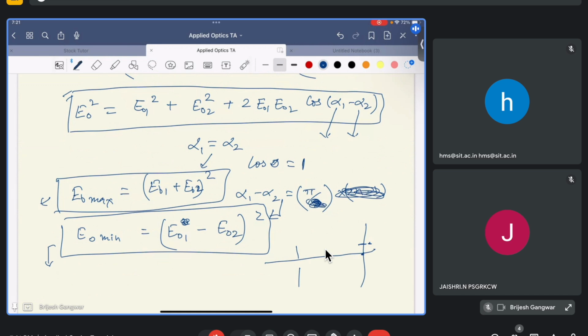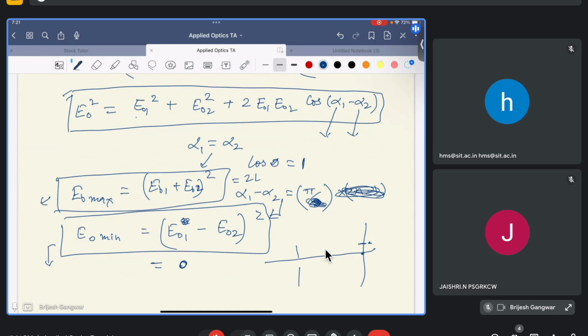If the intensity and the amplitude are the same for the two separate waves, then this will be completely zero, and this will be completely maximum, that is 2 E01, right? So to see the interference pattern very clearly, you should have two separate waves of equal amplitude.